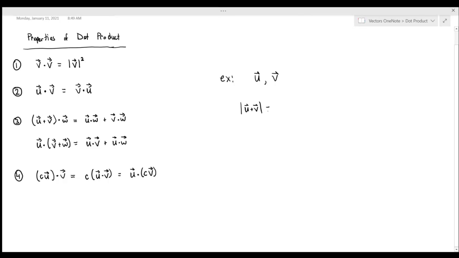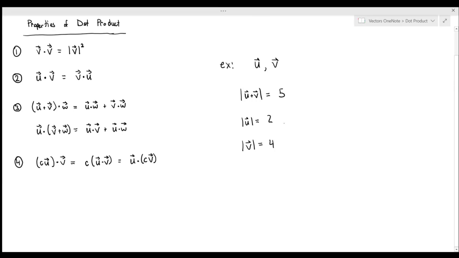Here I'll just make up a number. Let's say the magnitude is 5. And then let's say we know the magnitudes of u and v as well. Let's say the magnitude of u is maybe 2. And let's say the magnitude of v is 4.